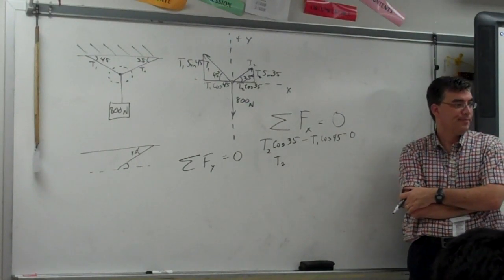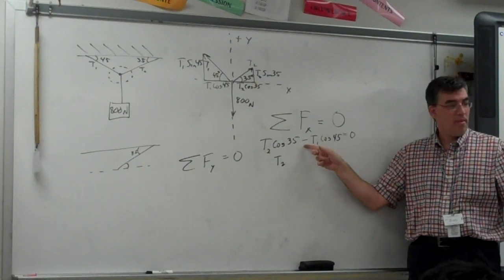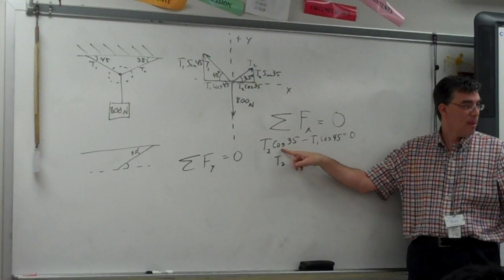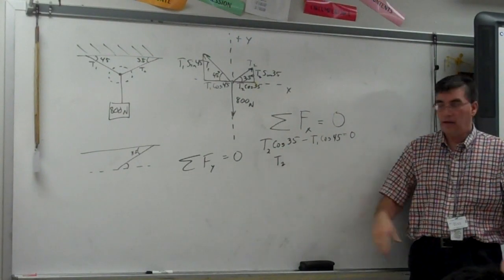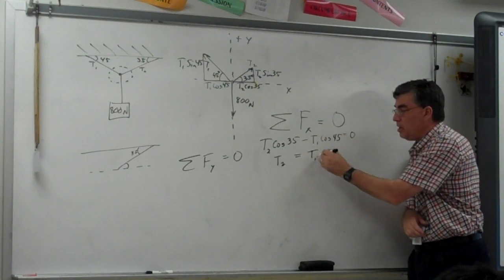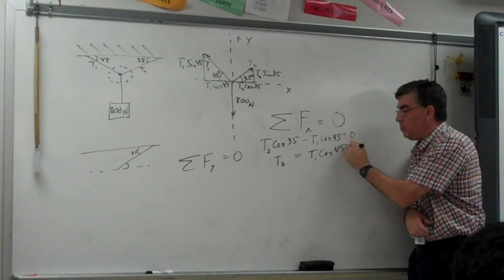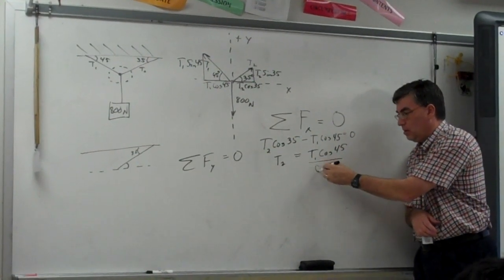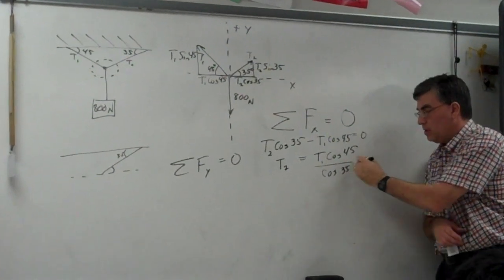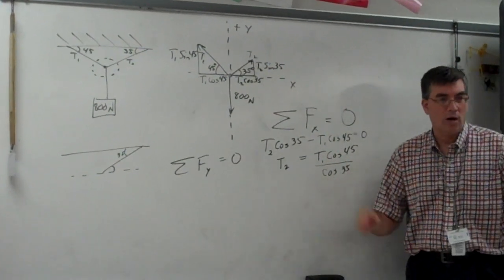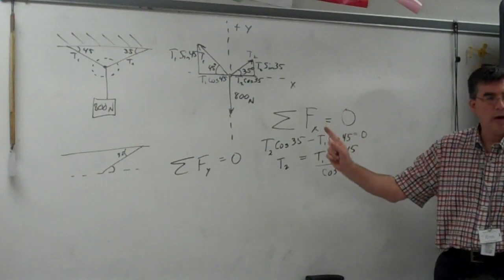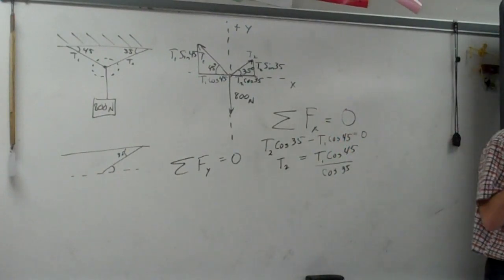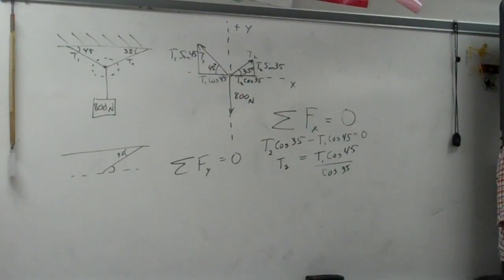How do I get rid of this negative? Okay, how do I get rid of the cosine? Divide. Yeah. So I'm going to end up with T1 cosine of 45 divided by what, Cody? Divided by cosine of 35. So that's T2 in terms of T1. Notice I have one equation and 2 unknowns. You can't solve a problem if you have just one equation and 2 unknowns. So I have to write another equation.